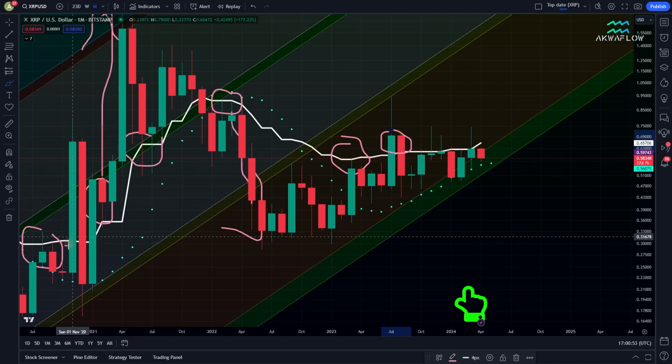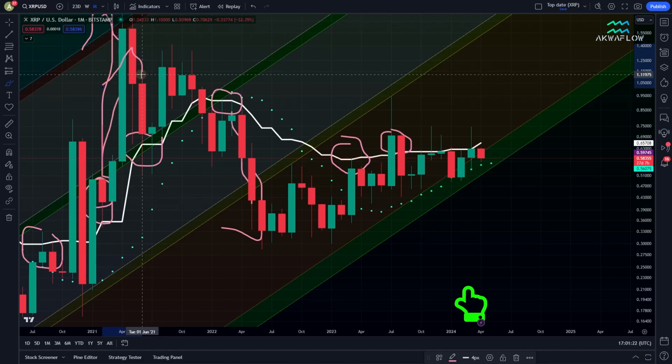It was just a close above the white line, but we needed an entire body closing above the line, and we couldn't because look, after we have this huge red candle closing below it, then a huge green candle closing above it, but still no full candle body closing above the line. And with this candle, it was the very first time that it happened, and that's what triggered this moonshot. This is why we want XRP to be able to close above the white line with a full candle body.